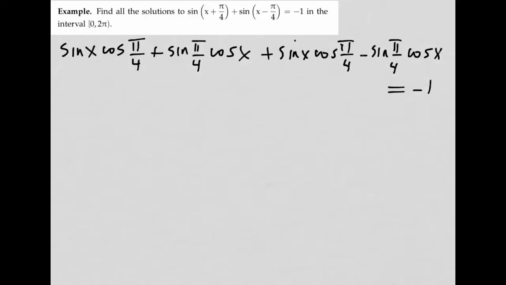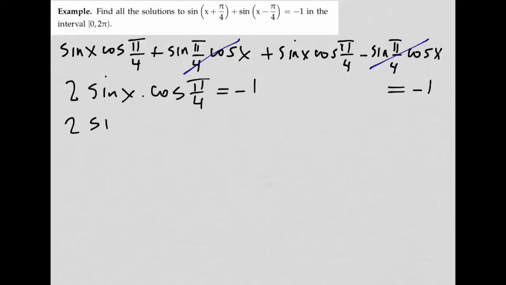Now, if you look at this left-hand side, notice that sine pi over 4 times cosine x and minus sine pi over 4 cosine x cancel out. And we have sine x cosine pi over 4 added to itself. So we have 2 sine x cosine pi over 4 equals -1.